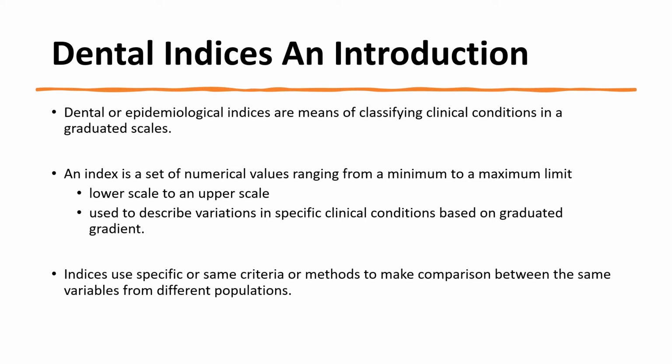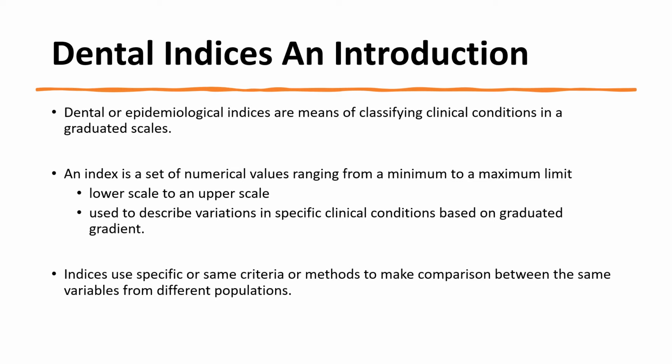What that means is you have a lower scale and an upper scale. So you have something, say, from mild, or maybe the absence of a condition, which would be, in some cases, the lowest scale of an index. And then the most severe form of that disease will be at the upper scale of an index.